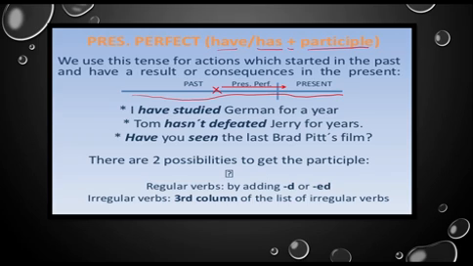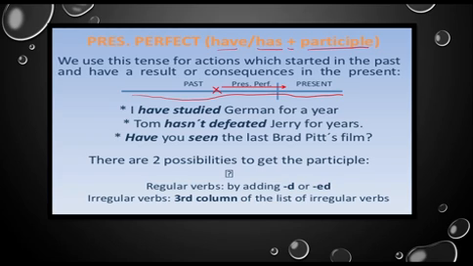Tom hasn't defeated Jerry for years. Have you seen the last Brad Pitt's film? There are 2 possibilities to get the participle. Regular verbs by adding d or ed, and for the irregular verbs, the third column of the list of irregular verbs. Okay?